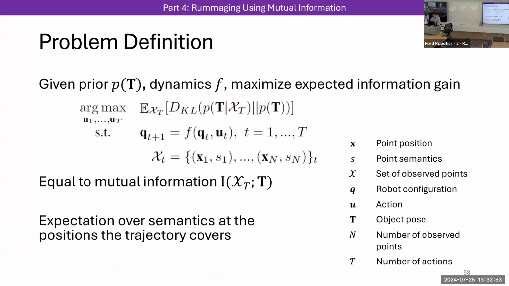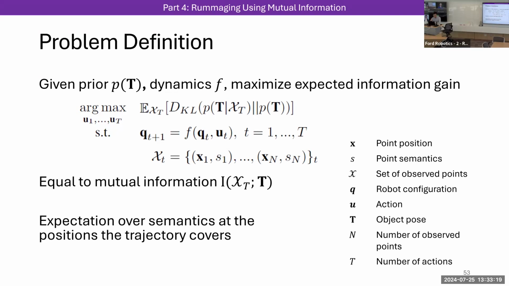Concretely, we're given a prior over poses PT, as well as a dynamics that we execute, but we do not actually know, so we can't use this in planning. The goal is to maximize the mutual information, or the expected information gain, between the robot trajectory and object pose. This is equal to the mutual information between the semantics at the positions that the trajectory will cover.